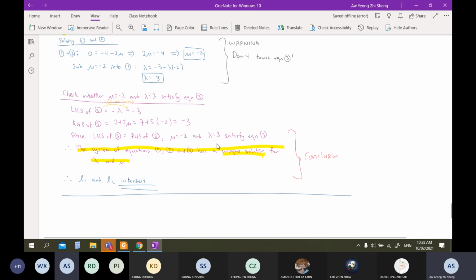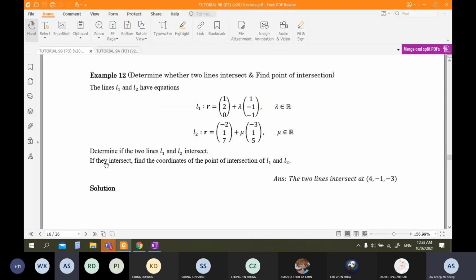Now, this question is not done yet because there is a last requirement which says if the two lines intersect, find the intersection point. Here they indeed intersect, so we have to perform the last task: find the coordinates of the intersection point.